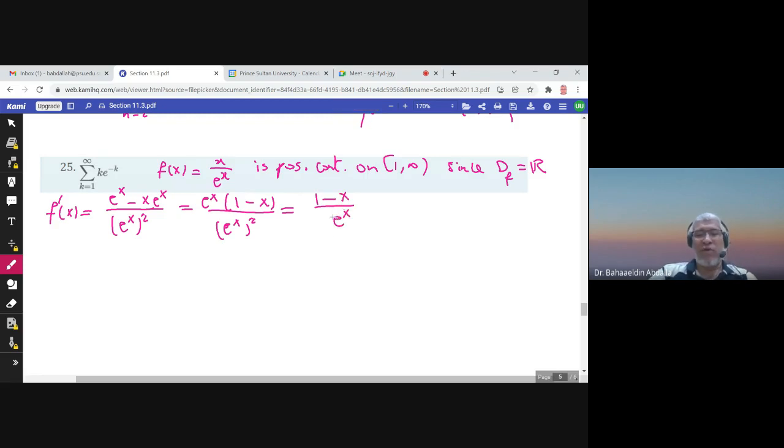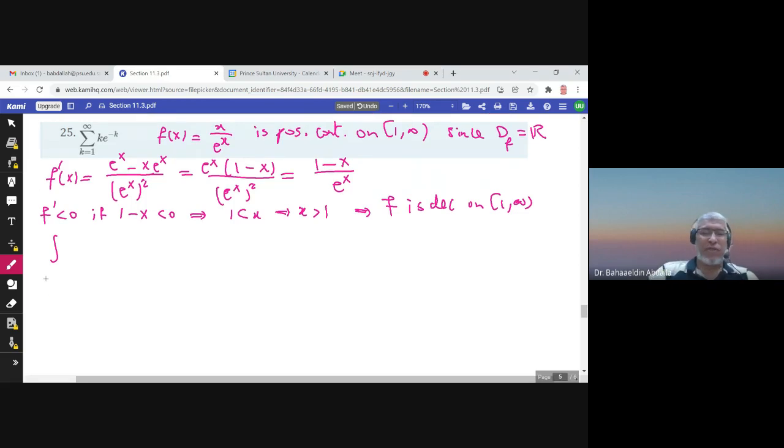Well, e^x is always positive. So f prime is less than 0 if 1 minus x is less than 0. And this means that 1 is less than x, or x greater than 1. That's fantastic. So f prime is less than 0 when x is greater than 1. So f is decreasing on the interval 1 to infinity. The three conditions of the integral test are satisfied.